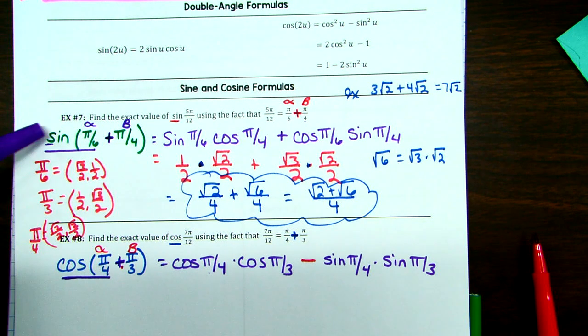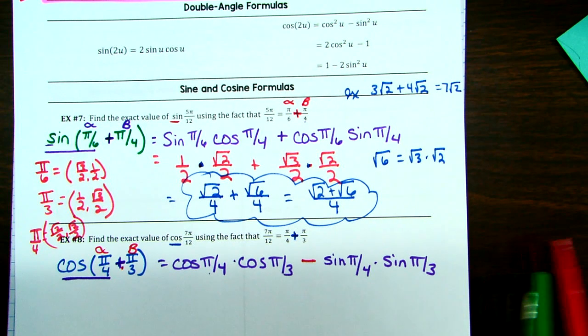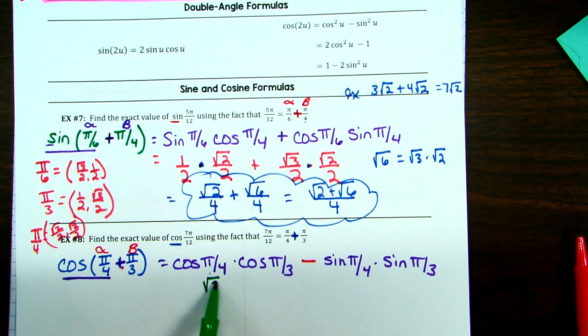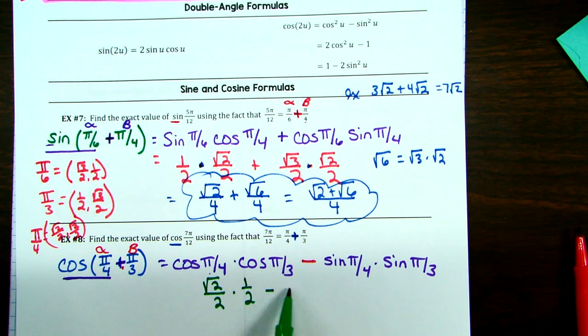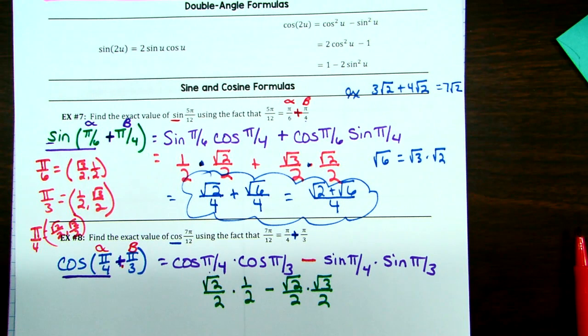That's it. Let's just plug, not that's it, but that's all we have to do for that. So start plugging in our numbers. And let me talk about why these answers look so funny. Pi over 3 cosine is 1/2. I mean, almost every single answer you get is going to have a square root of 2, a square root of 6, and a 4 in it.